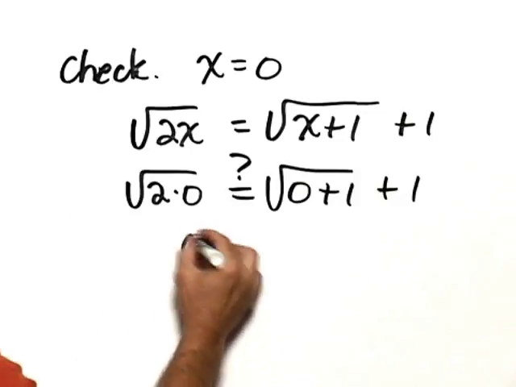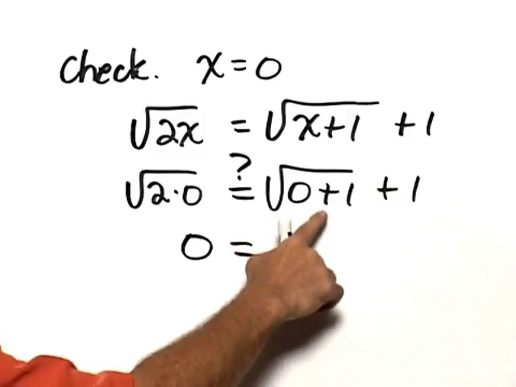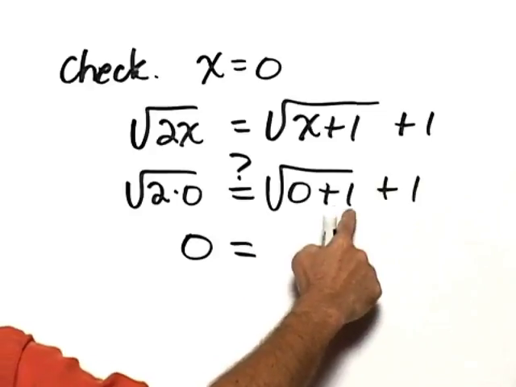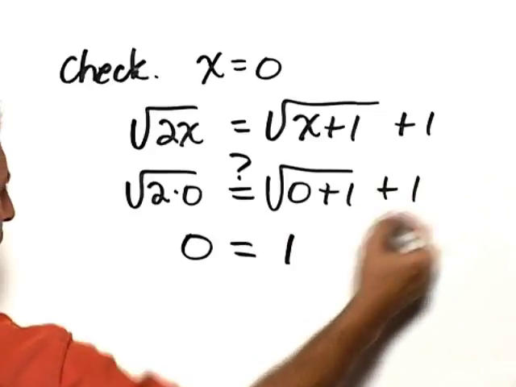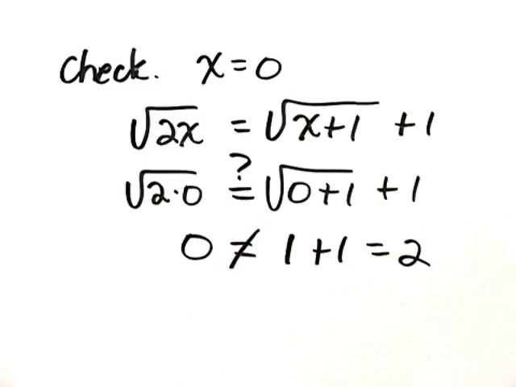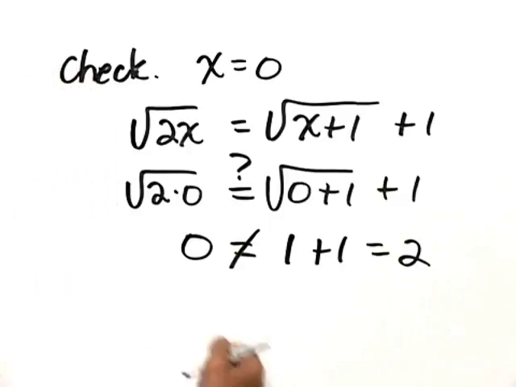The square root of 0 is 0. And we want to know, does that equal, on the right-hand side, 0 plus 1 is 1. The square root of 1 is 1. Plus 1 is actually equal to 2. So 0 does not equal 2. Therefore, it's, of course, false. And that tells us that x equals 0 does not check.